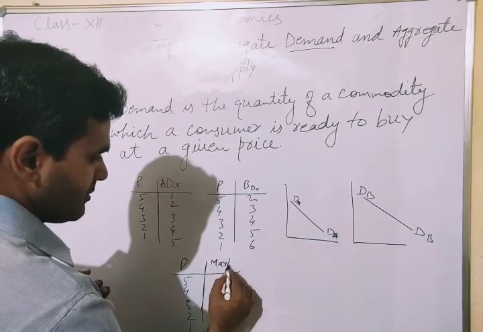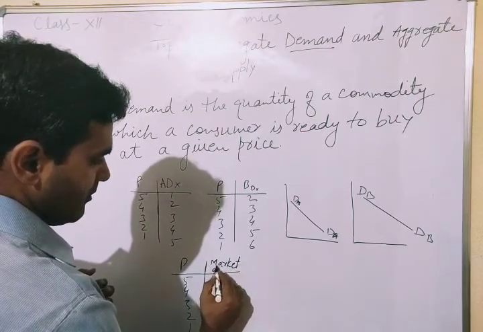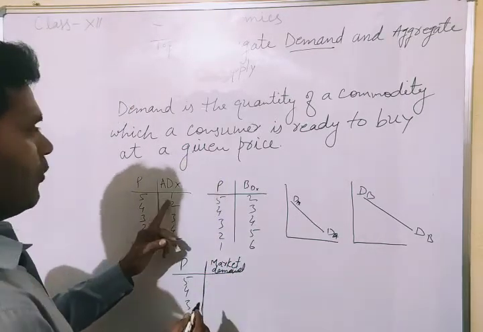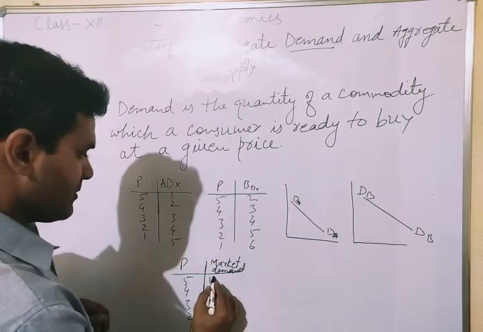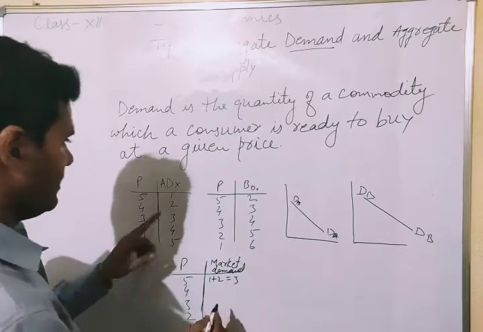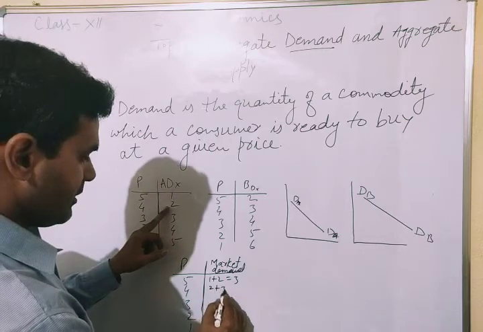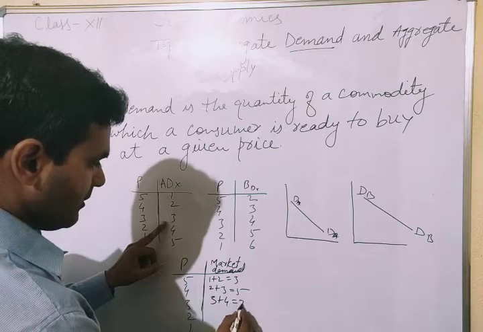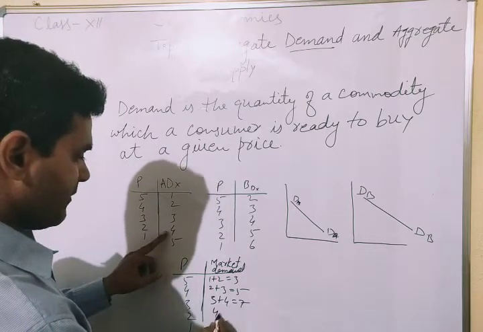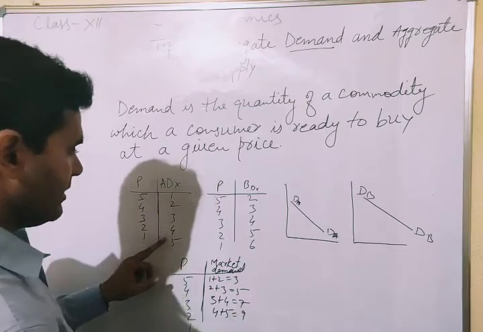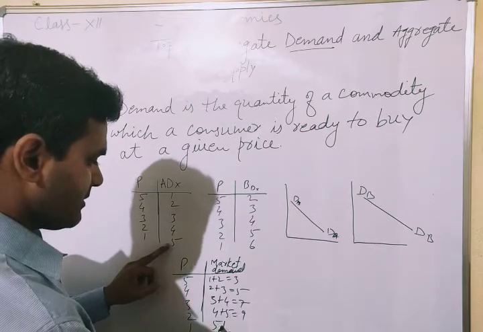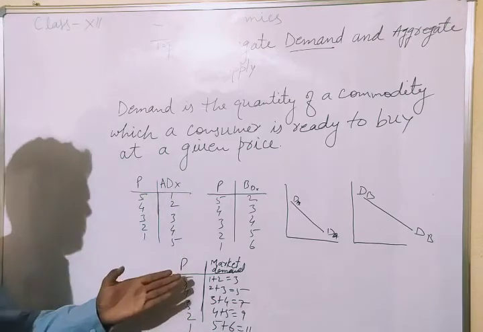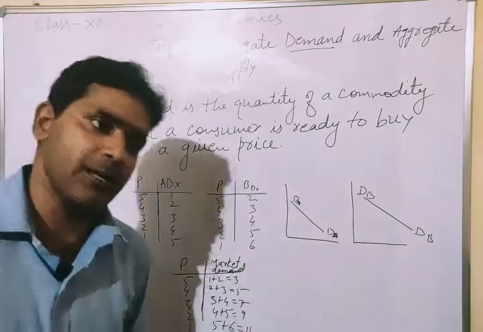Market demand will be 1 plus 2, which becomes 3, then 2 plus 3 becomes 5, then 3 plus 4 becomes 7, 4 plus 5 becomes 9, and 5 plus 6 becomes 11. This is how we get the market demand.